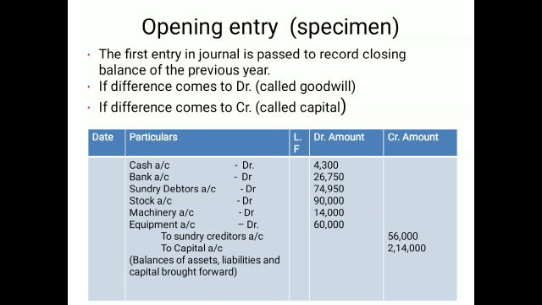It means if the liability side is missing, you have two words: liabilities and capital. If capital is given and the liability is still less, you may assign the difference to a particular liability. But generally in class 11th, if the debit side is short, fill with the goodwill account; if the credit side is short, fill with the capital account. So these are the entries which you have to understand now.